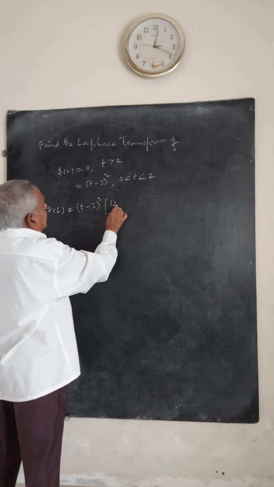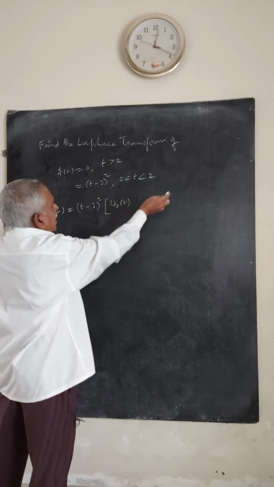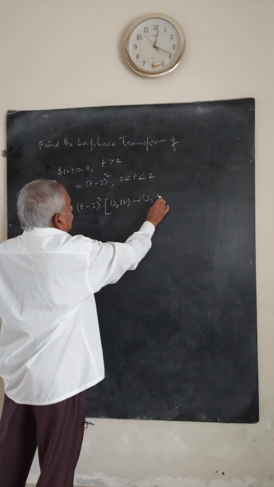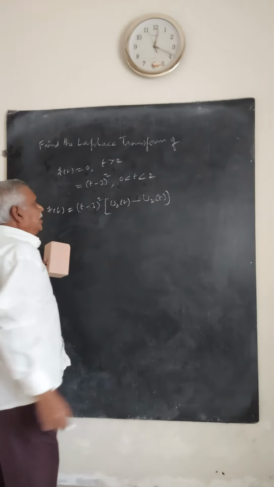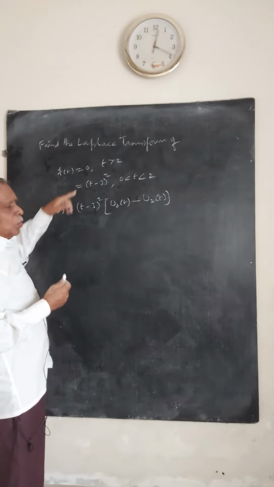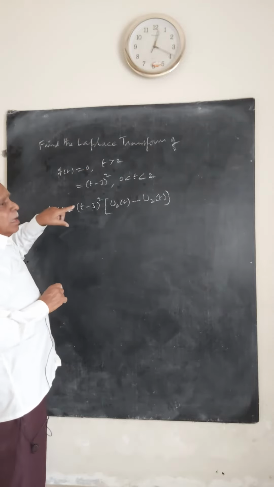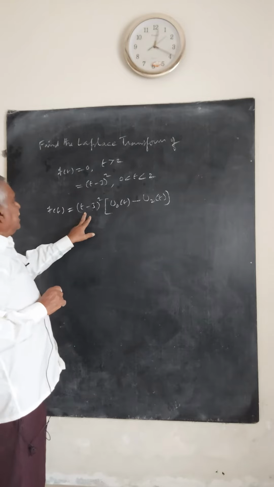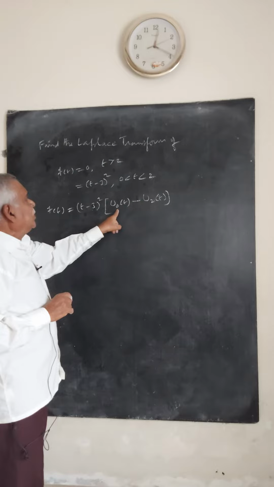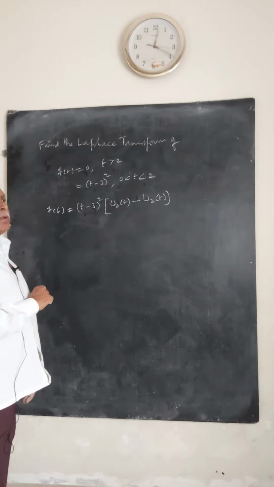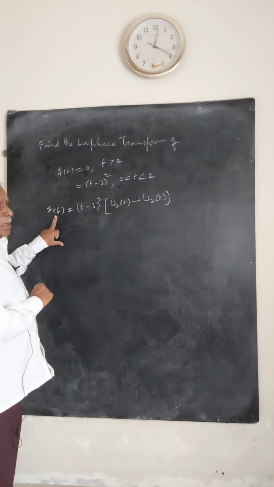This is the way of writing in all sums. If there is a 0, don't write it in any sum. If you use the unit step function, if there is a function, write this, first u of 0t to u2t. This is the way of writing the function in unit step function.